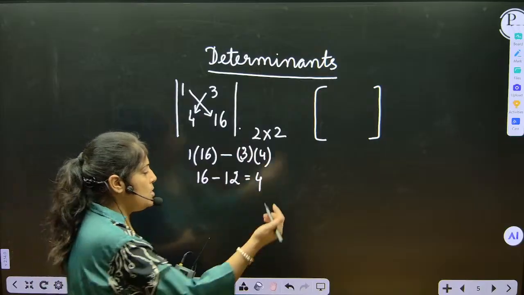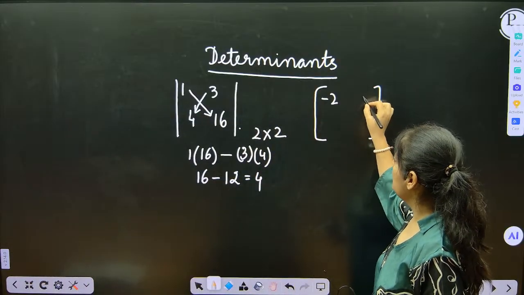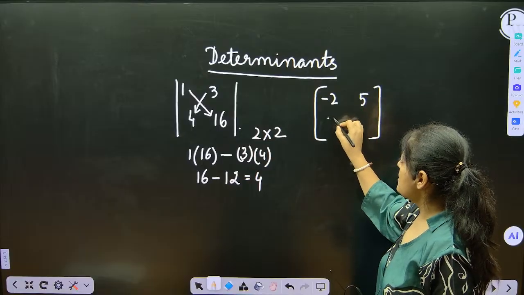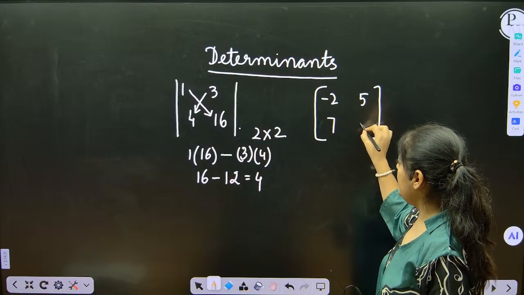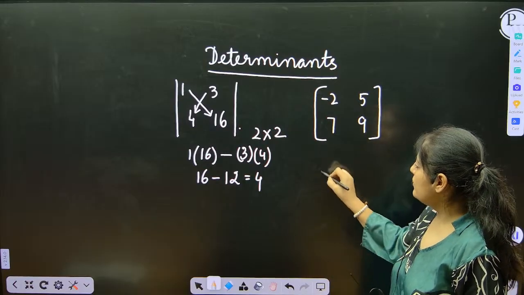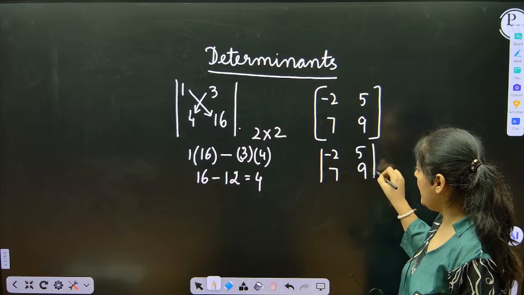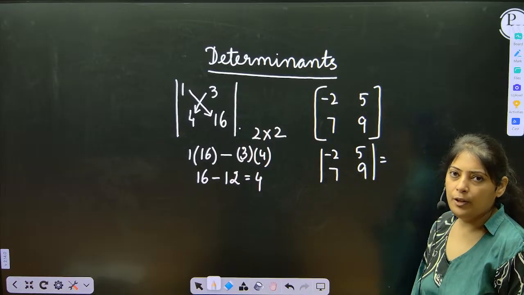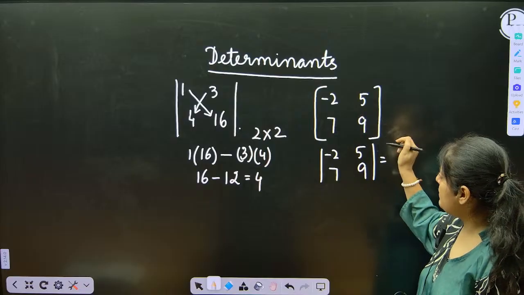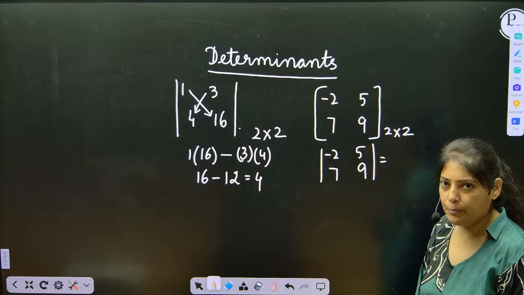Suppose I take one more: -2, 5, 7 and 9. Now we have to find the determinant. For the determinant, I am writing 2 vertical lines. This was the matrix given, and this is the way to write the determinant.